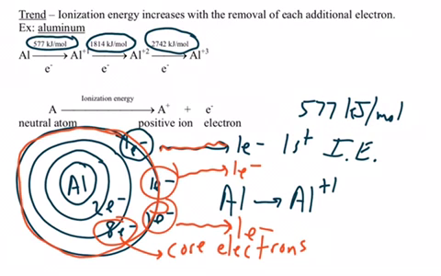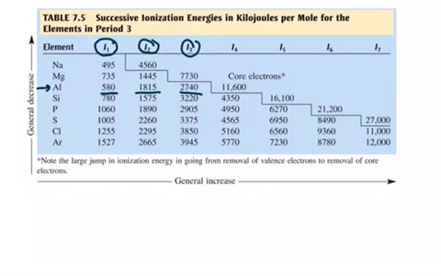The core electron is in an interior level. Look what happens when we go after number 4 for aluminum. Notice that the energies mainly kind of doubled. More or less, it's not a perfect science. Notice that kind of doubled, just a little bit over doubling.